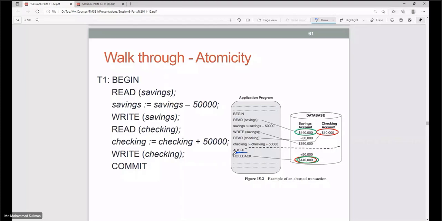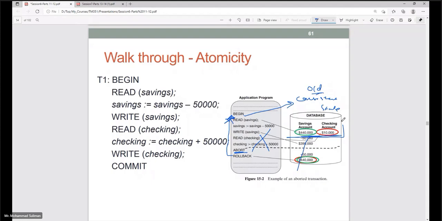Reverse all the operations till the beginning. So again the database will be in a consistent state, the old consistent state, without any changes. All these changes are discarded. That is possible through atomicity.